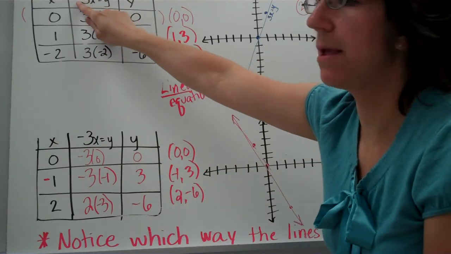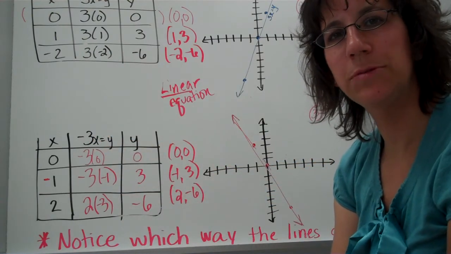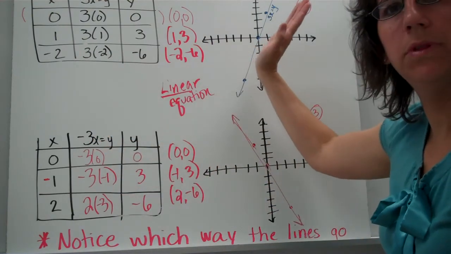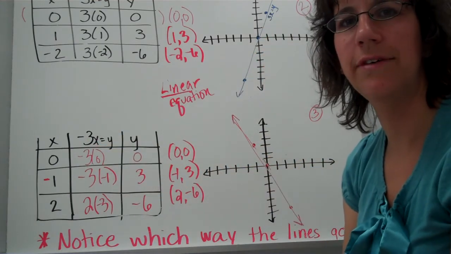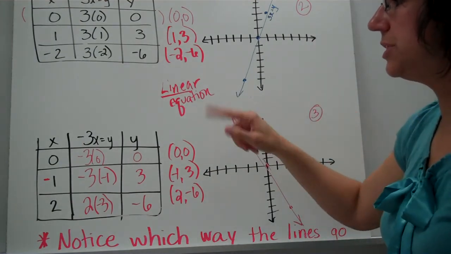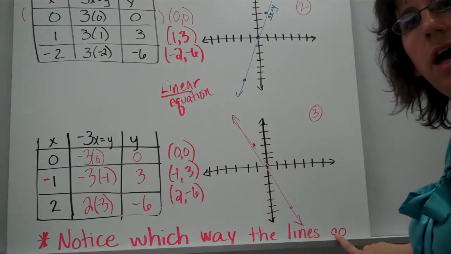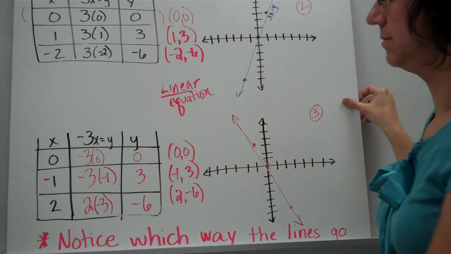Hopefully you notice that this is a positive 3 and this is a negative 3. Anytime you are multiplying by a positive 3, the line is going to point to the right, and a negative 3 is going to be pointing to the left. We'll do some more practice with that as time goes on. But you do need to know that the way the line goes is dependent upon whether it's positive or negative.